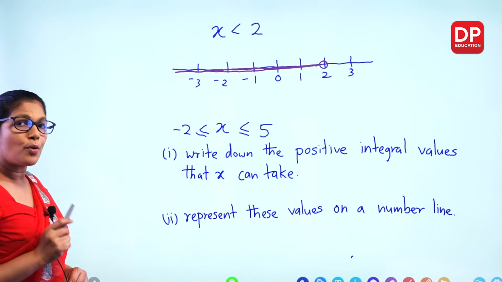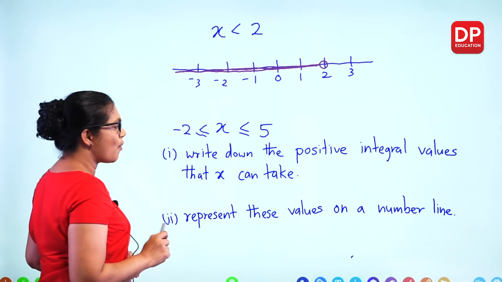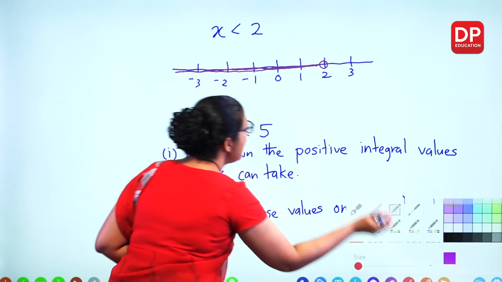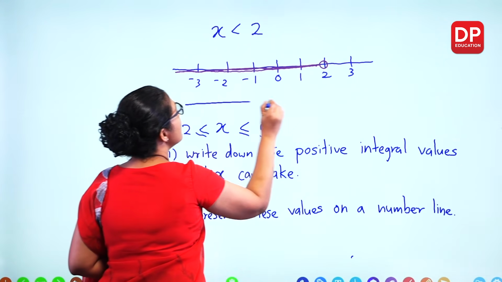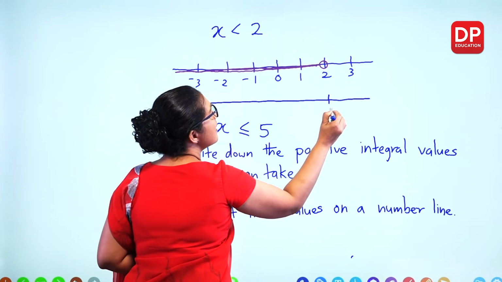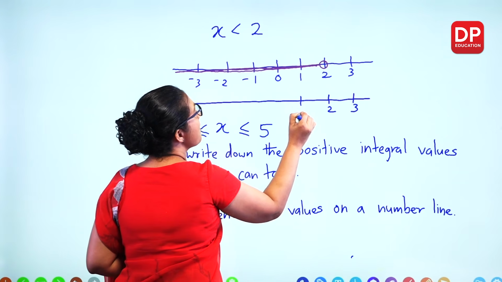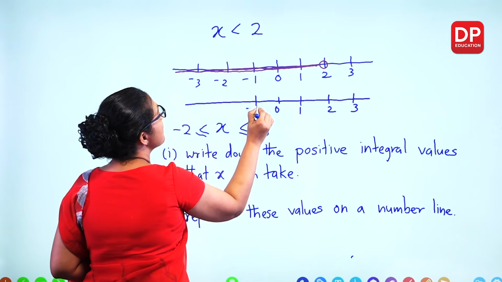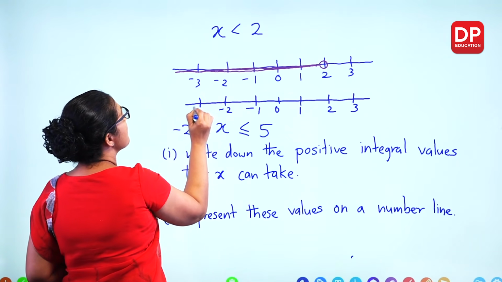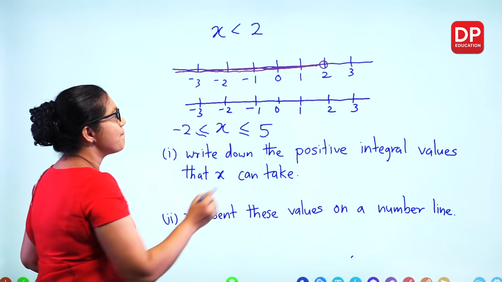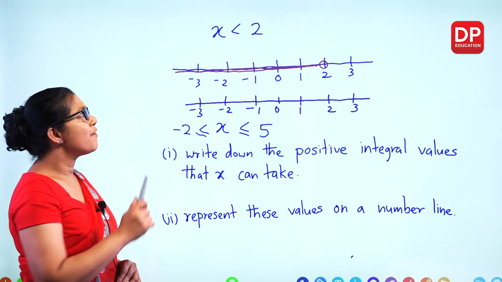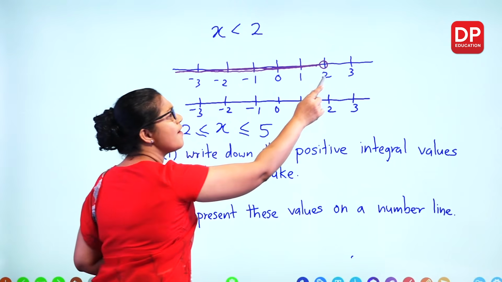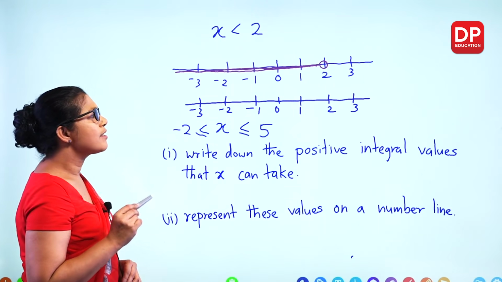Now if you want only the integral values, how can I draw? On a number line, I can draw it again. And see what are the whole numbers satisfied for this inequality. We can't write 2. 2 is not included.